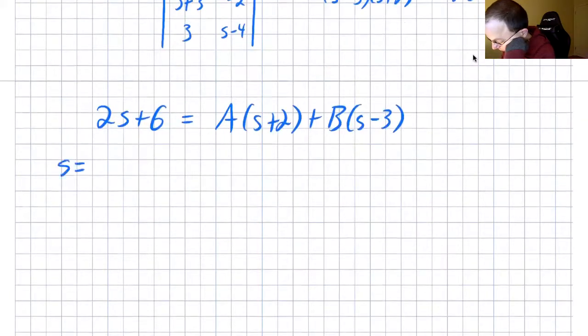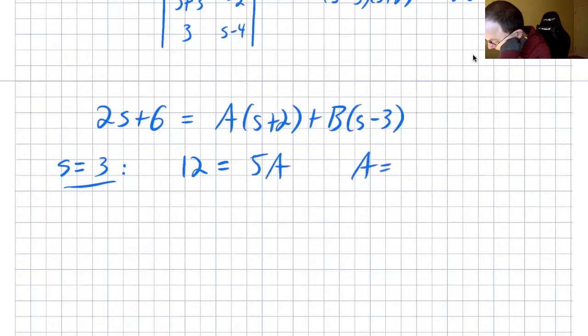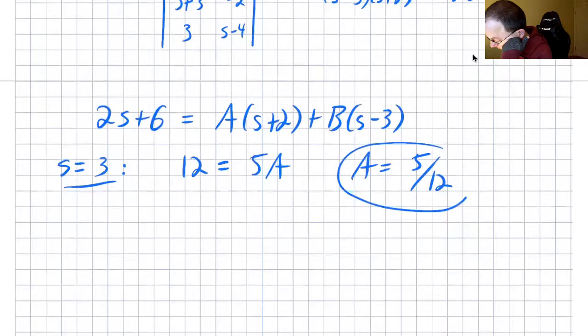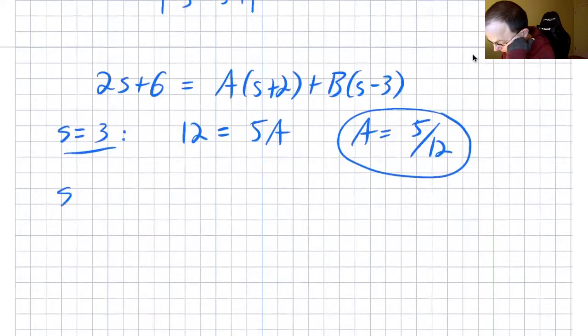And then s equals 3. This gives us 12 is equal to 5 times a, oh no, I almost made a mistake. So a is 12 divided by 5. And then s equals minus 2.